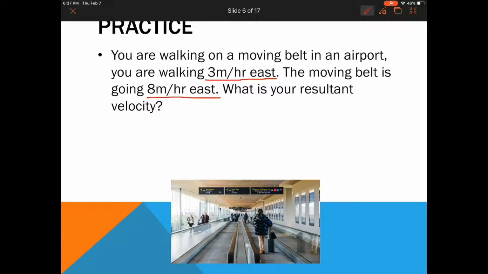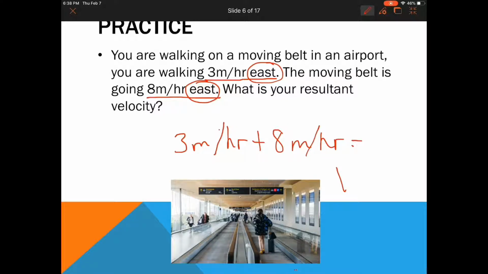Well, you know they're both going in the same direction because they are both heading east. So we are just going to add these together. And this will give you 11 meters per hour east.